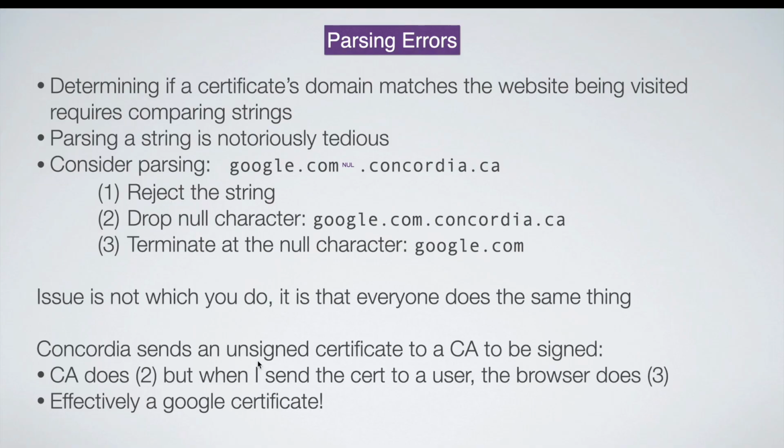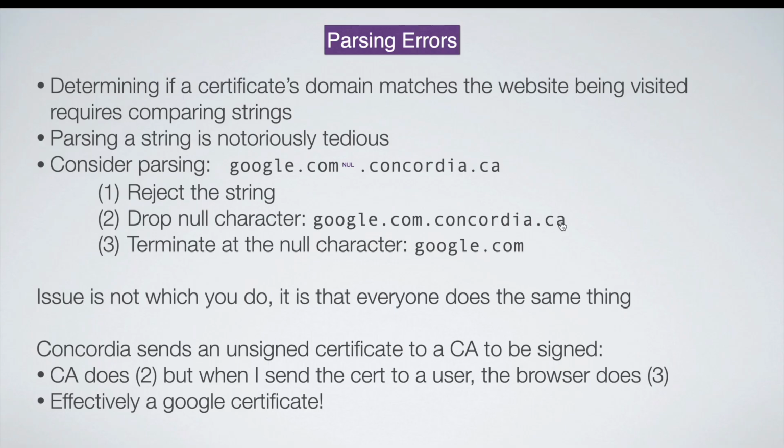Let's consider the scenario that the CA is doing number two. They're dropping the null character. And the browser, when the browser receives the certificate when they're trying to connect to the website, they see the same string in the certificate. And when the browser sees it, it's programmed, say, in C, and so it thinks it's a null character, so it terminates here. Okay, so what that means is I go to the CA and I say, I want a certificate for this.